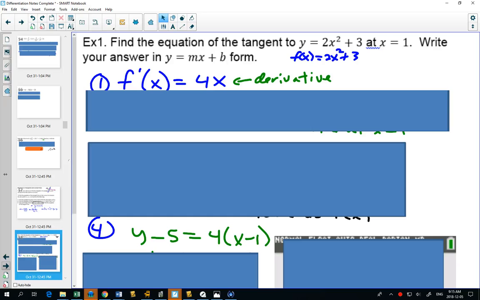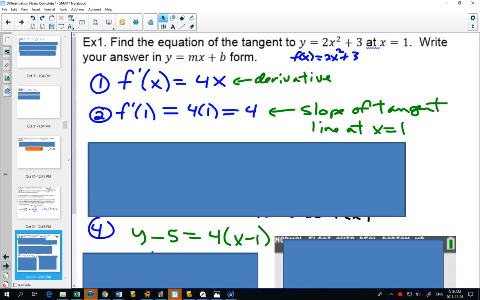The derivative would just be 4x. Once we have our derivative, I know that at x equals 1, if I plug that into my derivative, I get 4. The slope of the tangent line at x equals 1 will be 4.